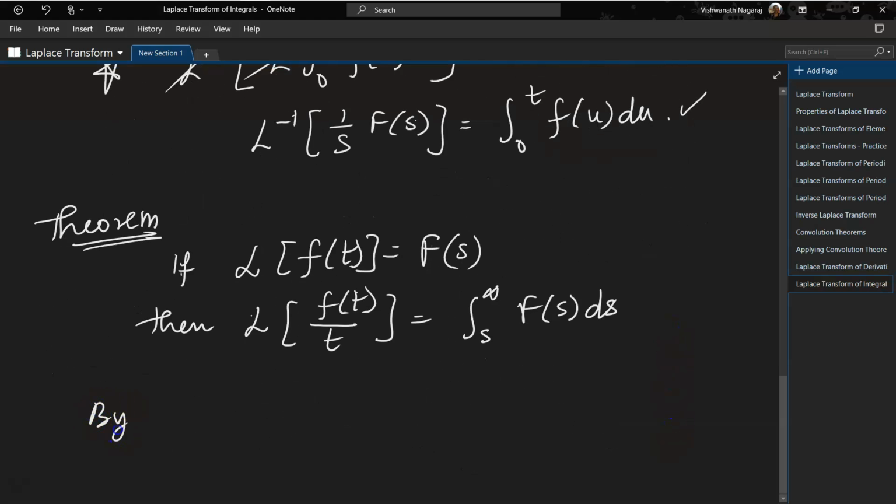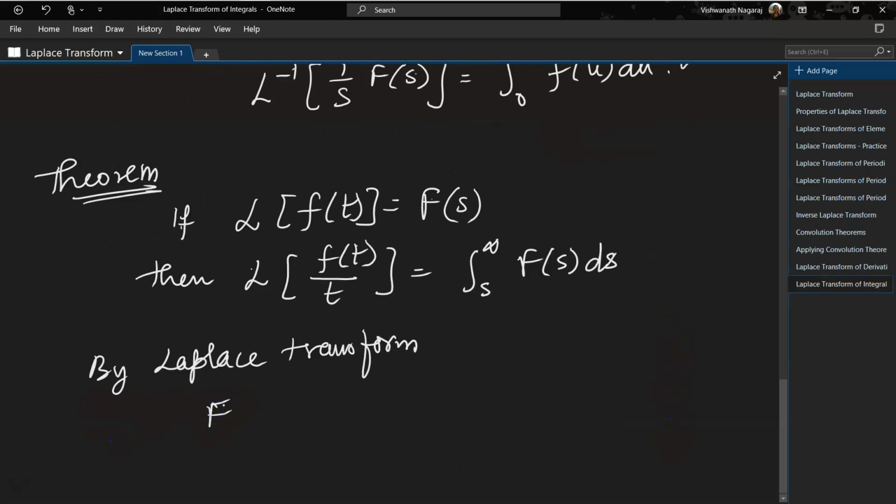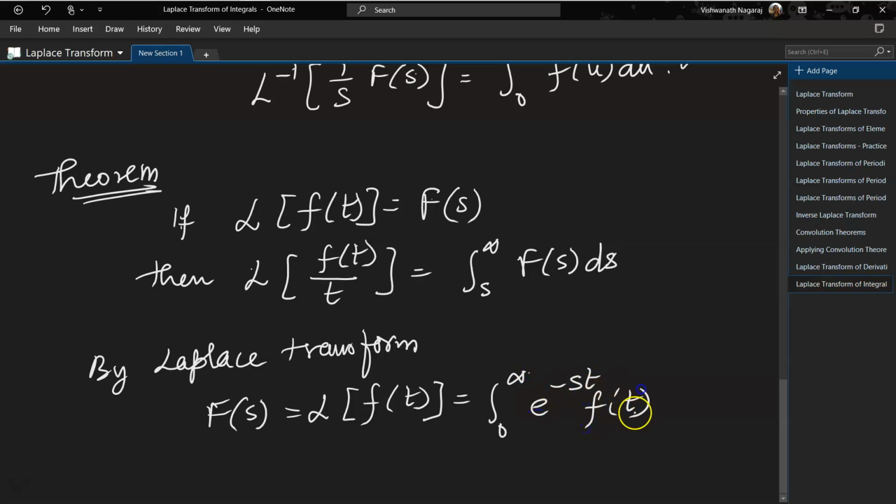By the Laplace transform, we know F of s is equal to the Laplace of f of t, which is equal to 0 to infinity of e to the power of minus st f of t dt.